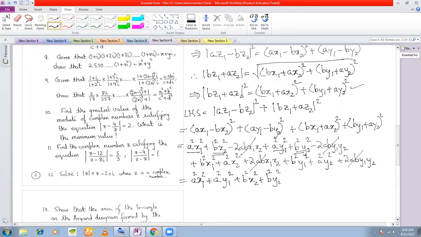Okay, so what else is left? B square x1 square is here and b square y1 square is here. Let's take them together: b square x1 square plus b square y1 square, plus now you have a square x2 square and you have a square y2 square.